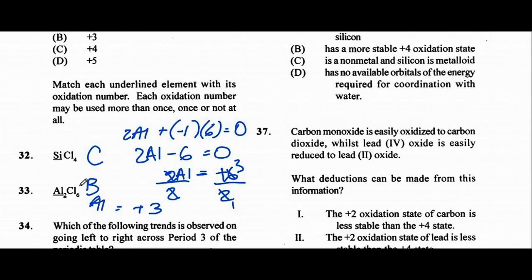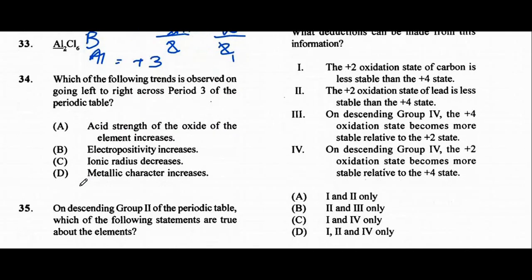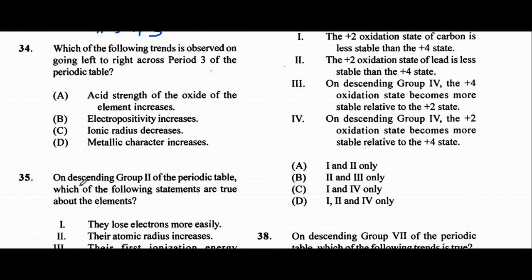Alright, let's move down to 34. It says, which of the following trends is observed on going left to right across period 3 of the periodic table? Now it says acid strength of the oxides of the elements increases. Yup, I know that's true.